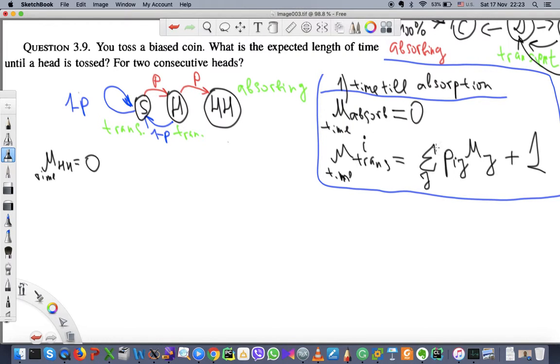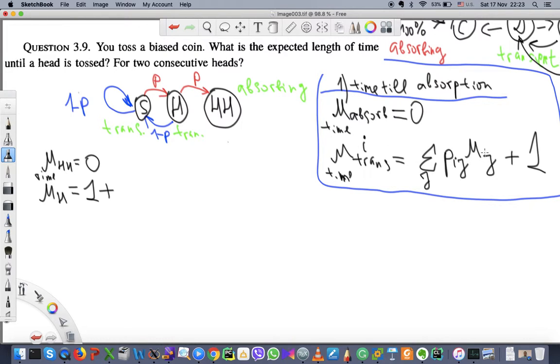So we are done with the first set of our equations. Let's go to the second set of our equations, because what is left is two transient states. Well, first for state H, mu H. This is the time to reach absorbing state HH if we start from state H. So what does this equal to? It equals 1 plus, because it's at least 1. Now 1 plus what?